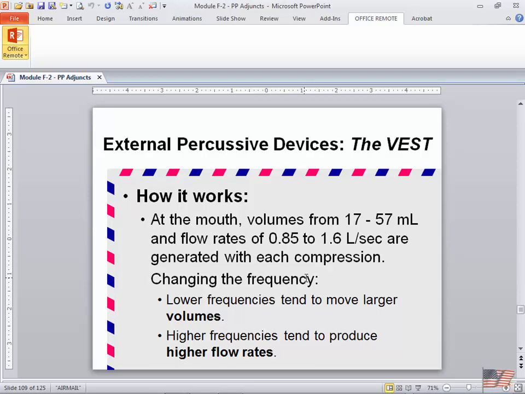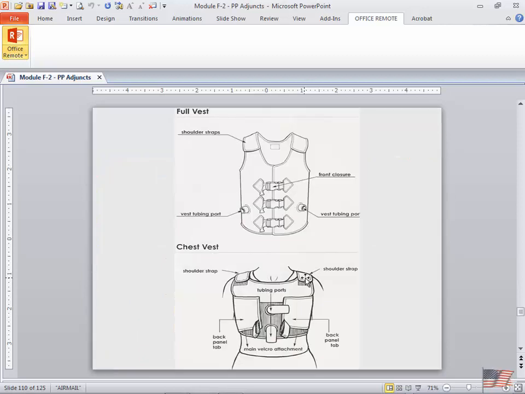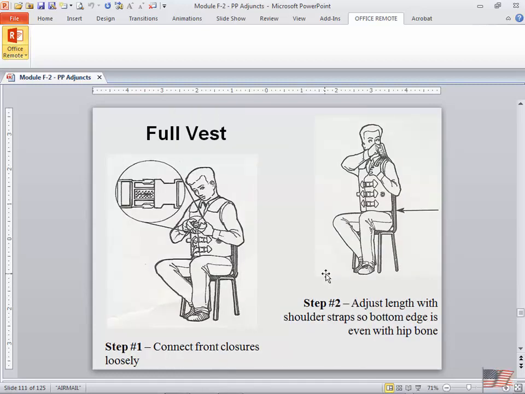Very small volumes are being applied at a variable flow rate, changing the frequency. Usually the lower frequencies move larger volumes, where the higher frequencies generate higher flows. There you can see where the tubing from the device attaches to the vest itself, and there's various Velcro adjustments that you can make to the vest itself.